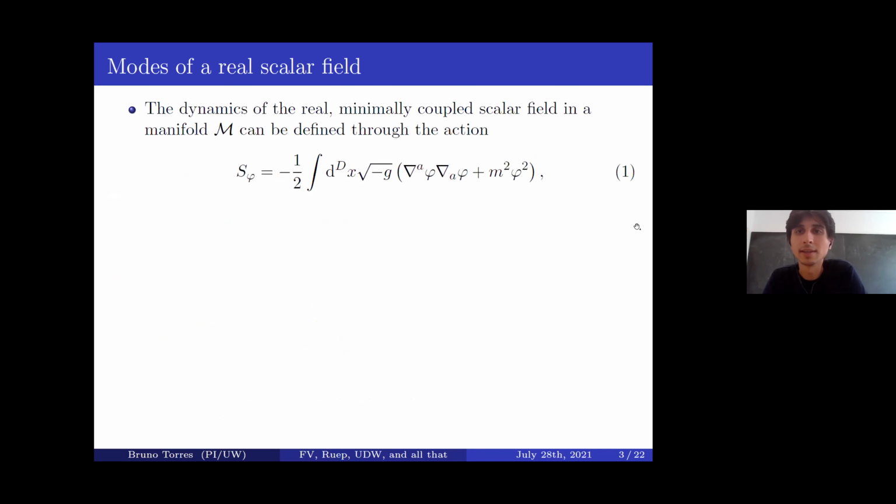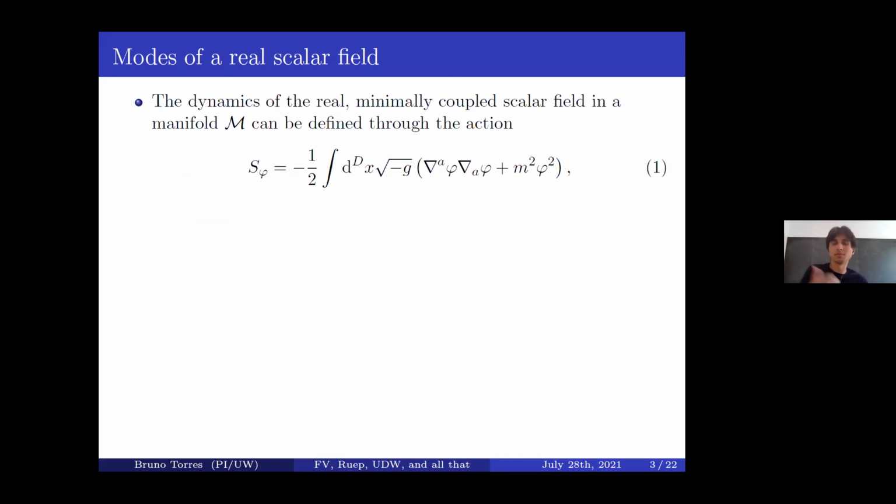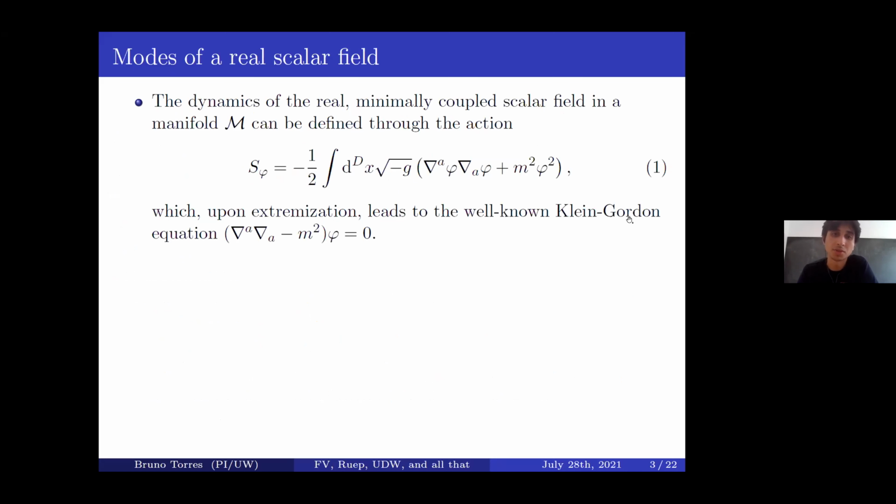Just as a quick review, the dynamics of a real scalar field, in this case defined as a minimally coupled scalar field, but at that point it didn't really have to be, can be defined through this action, which, as you all know, leads to the Klein-Gordon equation. That is the equation of motion for the field.